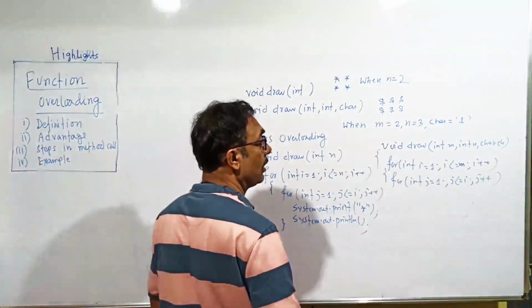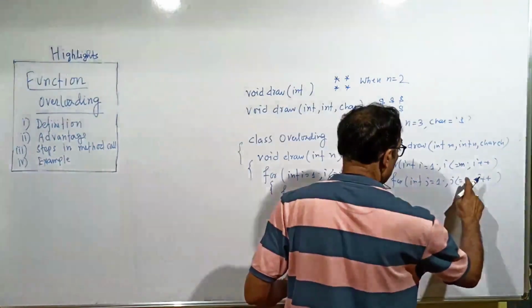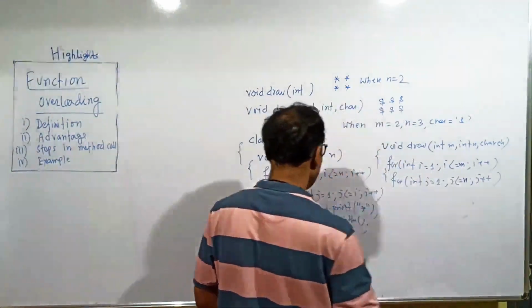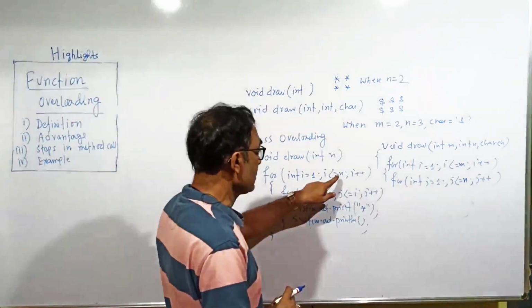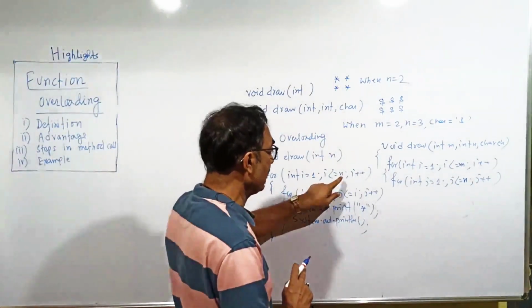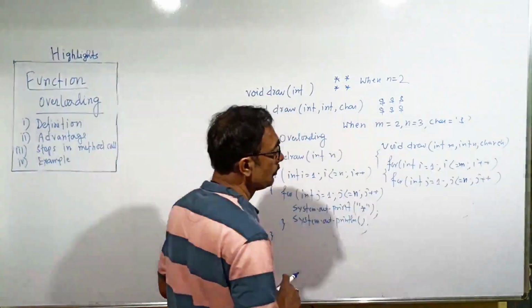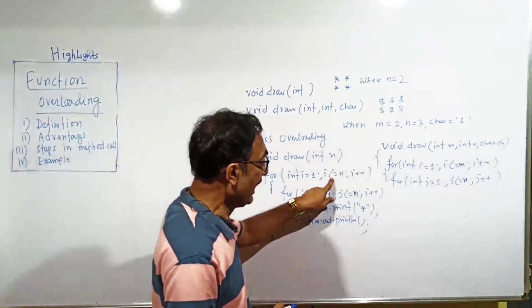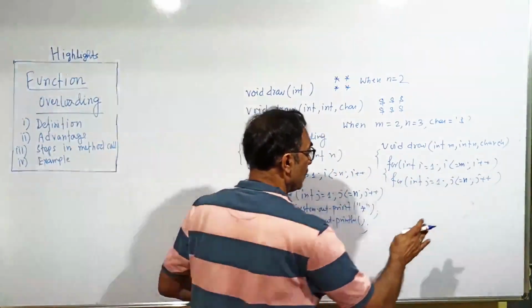In every column we have got n. So here we will give the value of n, and since in the first case we have only one value n, instead of i we will be giving n. So n and n, right?